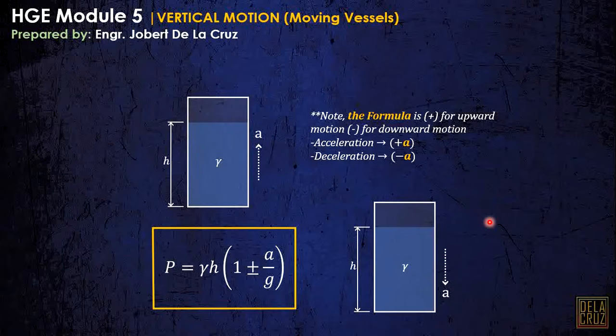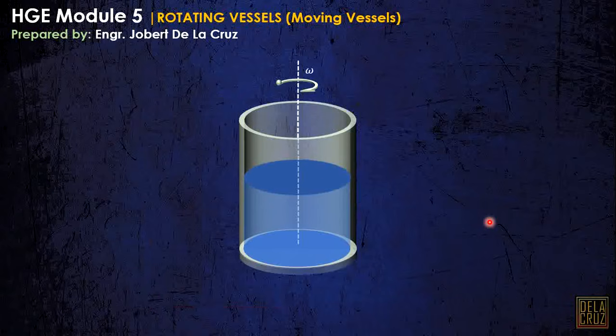Okay? Okay. Now, rotating vessels. So, imagine this one. Okay, we have a vessel, a cylindrical vessel, rotated about its vertical axis at an angular rotation omega. That is angular rotation, no?